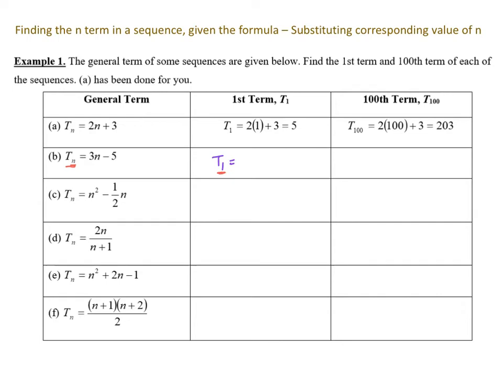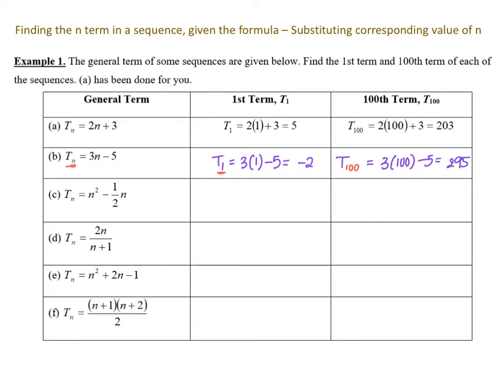Then I sub into my formula and I get 3 times 1 minus 5, giving me the answer negative 2. If I want to find term 100, that will be T100, and n is now 100. Substituting into this formula, we have 3 times 100 minus 5. That gives me 300 minus 5, 295.